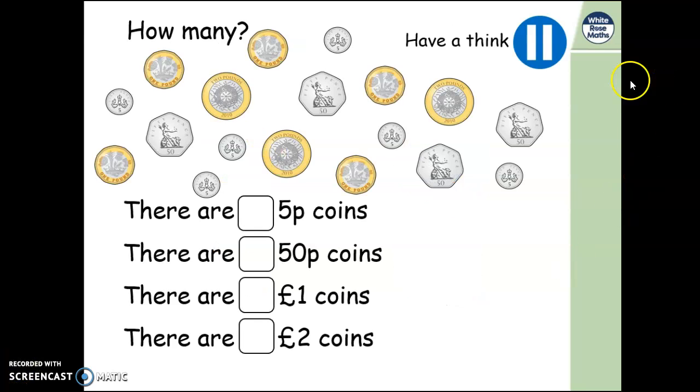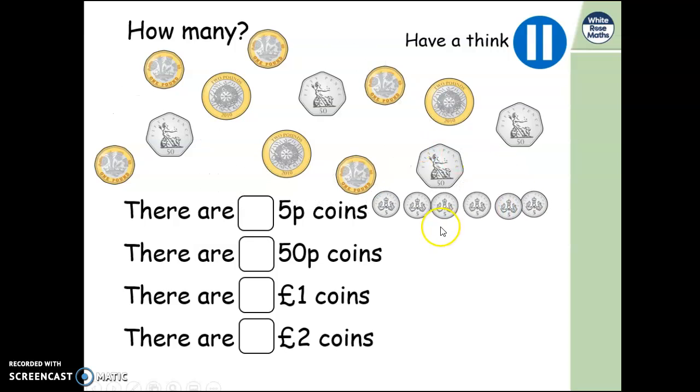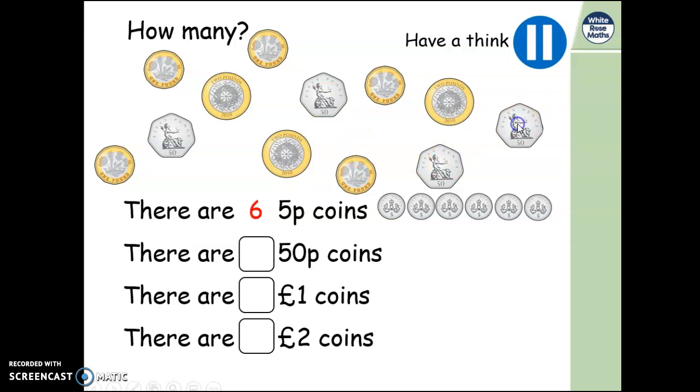So we have a load of coins here. We need to think about, right, how many 5p coins? So we need to count them. 1, 2, 3, 4, 5, 6. 6 5p coins. 50p, remember 50p is quite big, it's silver, it's a funny shape. 1, 2, 3, 4.